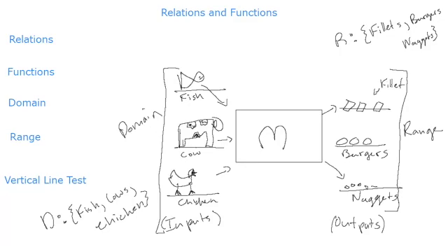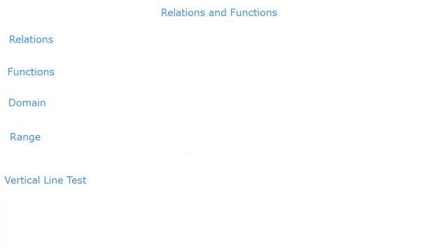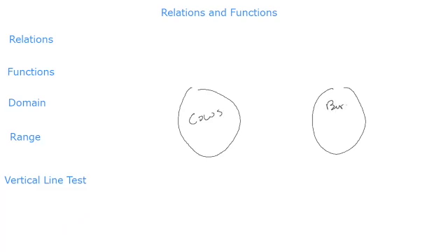So if I had, I'm going to erase this real quick. All right, if I had a function where I got cows, and I've got burgers and I've got milkshakes, or just milk and straw, this is not a function.